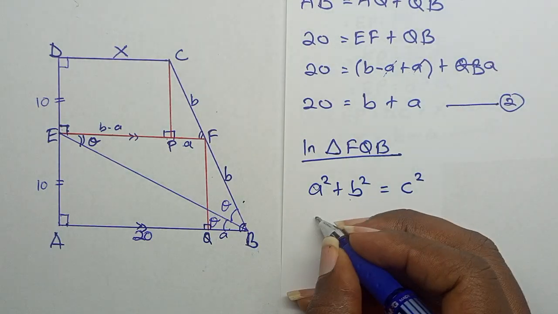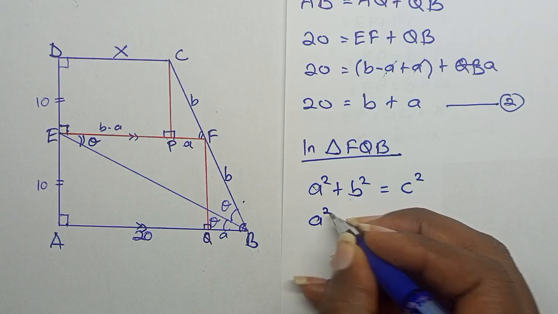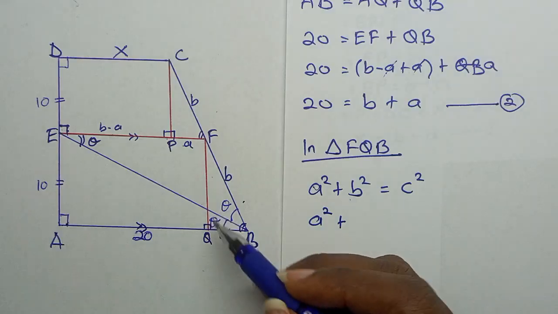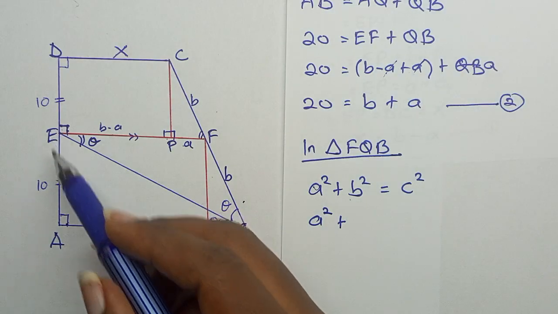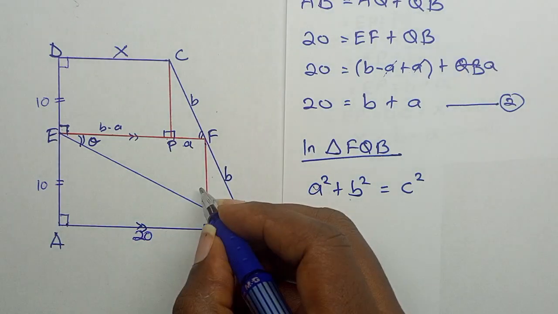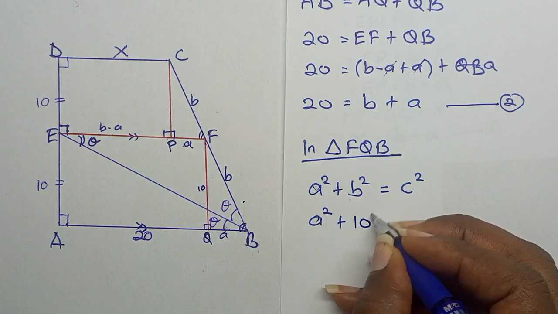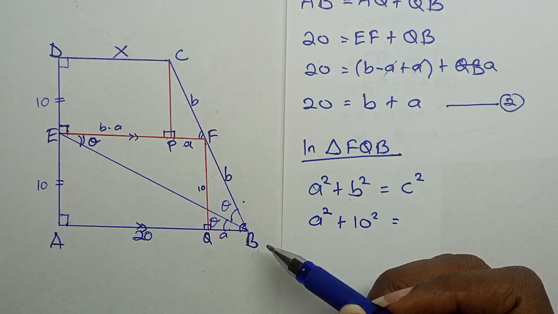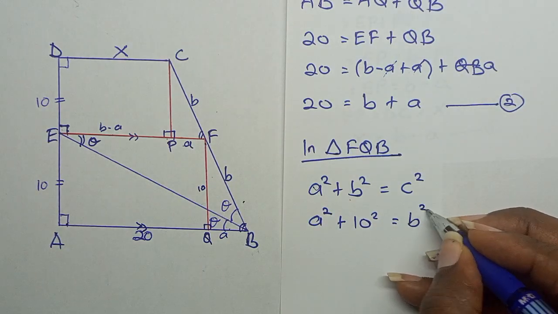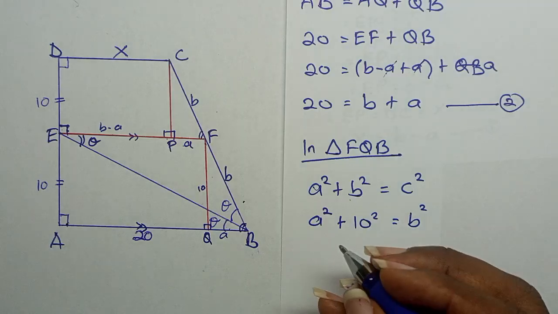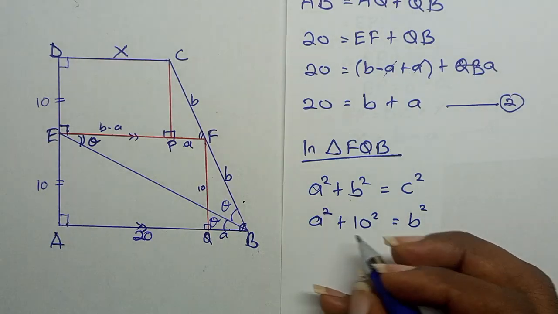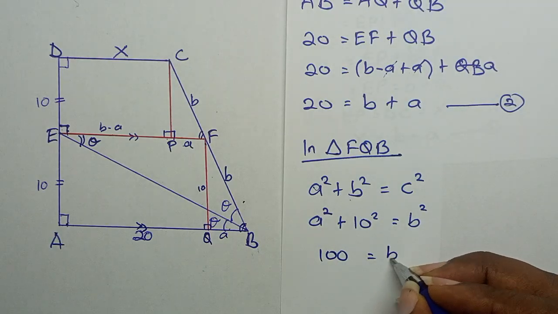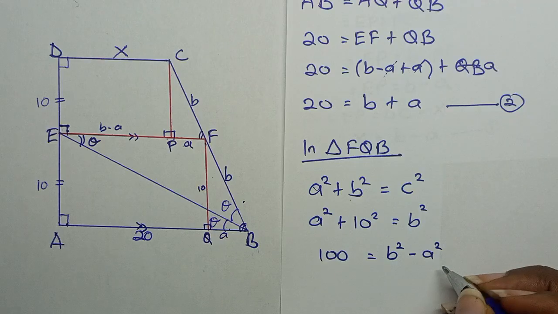A is the base, which is A squared, plus B, which is the height, which is 10, because EA is 10, so also FQ is 10. So this is 10 squared is equal to C, which is FB, which is B, so B squared. So we shall have 100 is equal to B squared minus A squared.